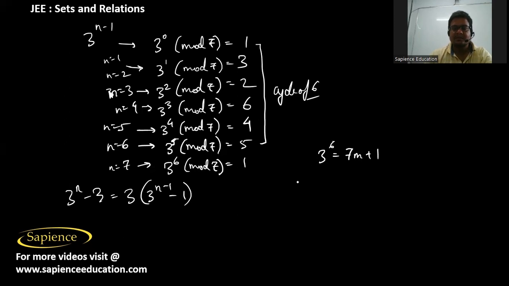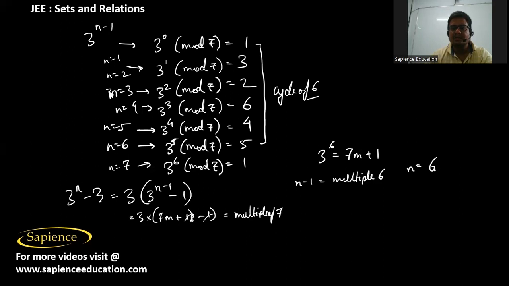So n minus 1 should be a multiple of 6. Then only 3 times (7m plus 1, minus 1) will be a multiple of 7. So n minus 1 should be a multiple of 6, or n should be of the form 6q plus 1. In this form n should be.